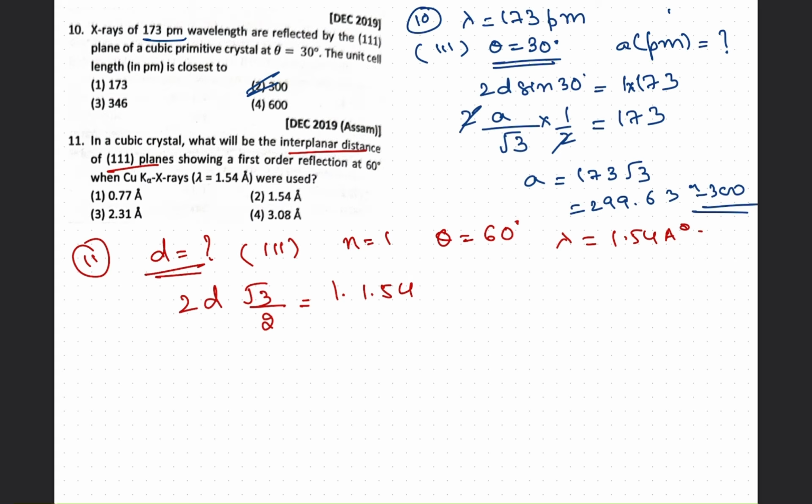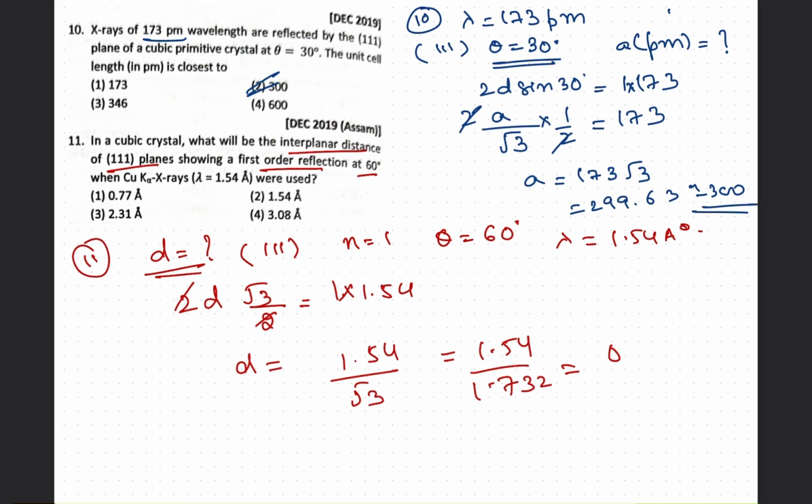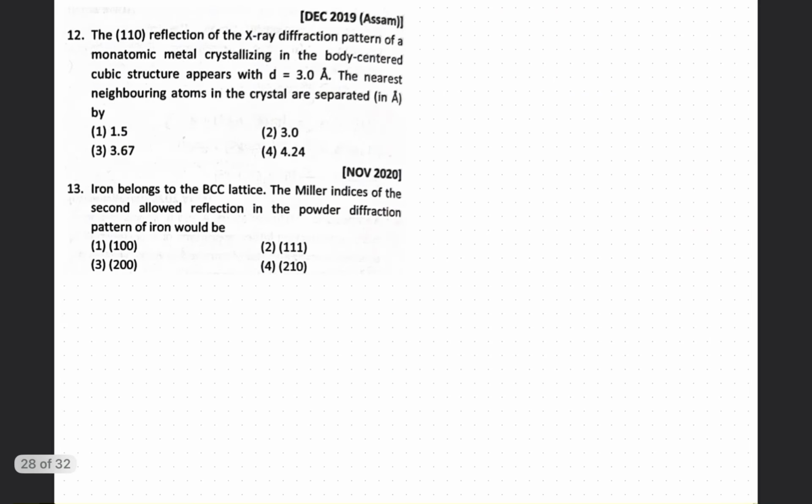What will be the interplanar distance? d will be 1.154. No, it's 1.54 divided by root 3, right? On dividing this, you will get approximately this one. Because obviously the denominator is greater than the numerator, so the answer will be less than 1. So the correct answer will be 1.